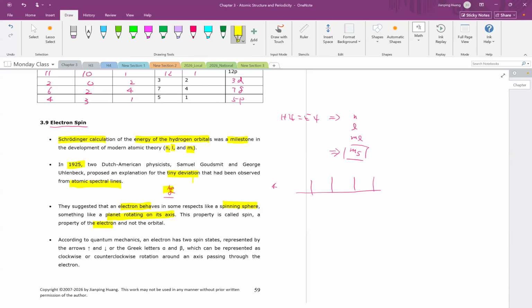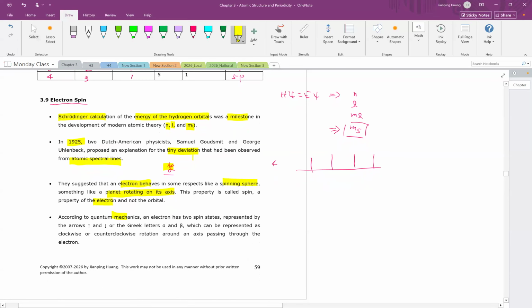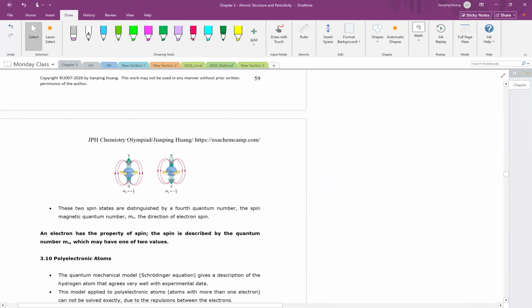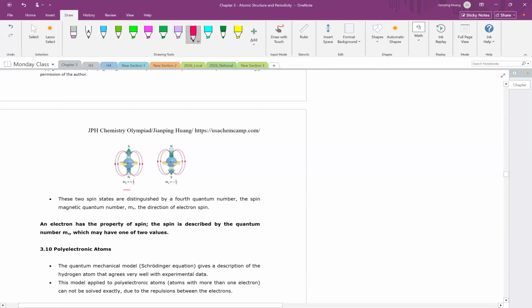Now, based on quantum mechanics, the electron has two spin states. We are going to use them in a minute. We use arrow up, arrow down, or we can use alpha or beta, or clockwise, counterclockwise. Here is the electron spin.